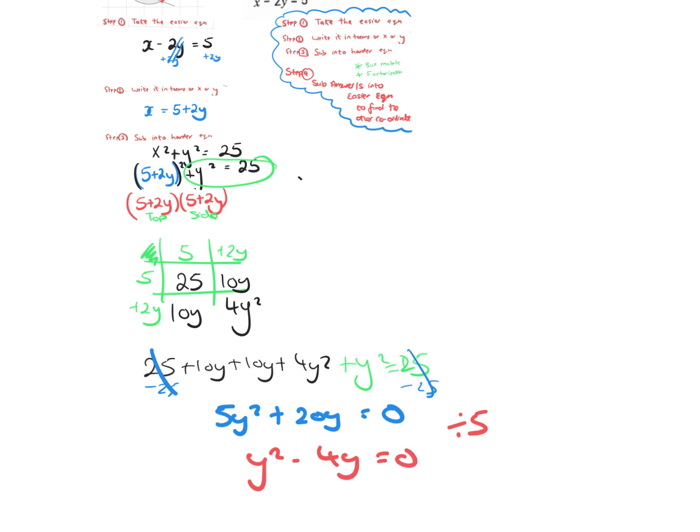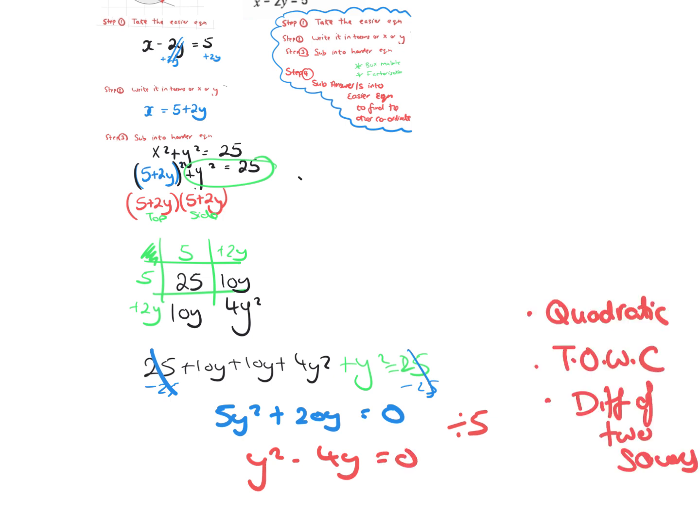Now there's a couple of ways you can factorize: quadratic, taking out what's common, difference of 2 squares. This isn't a quadratic because a quadratic needs 3 terms. If we had y squared minus 4, we could do difference of 2 squares, but 4y is not that, so that can go.